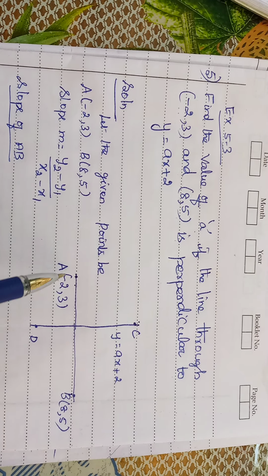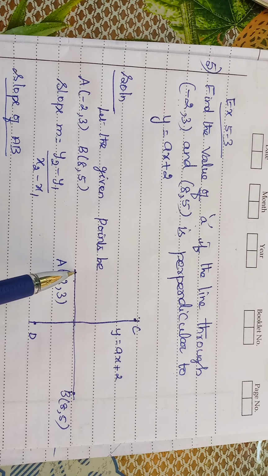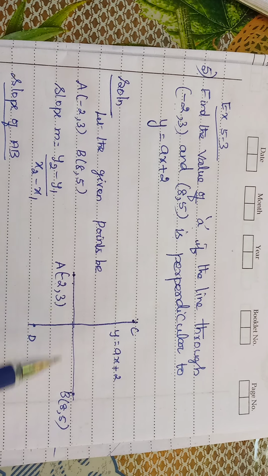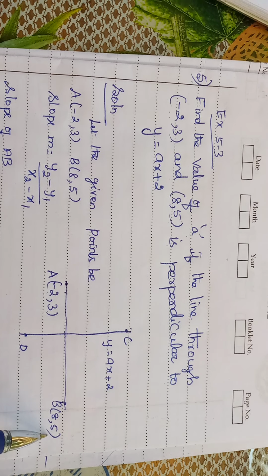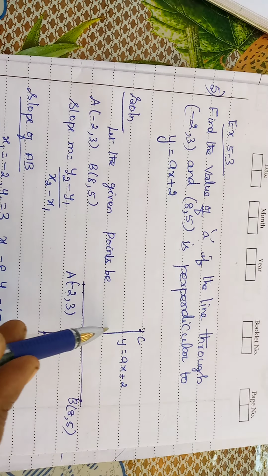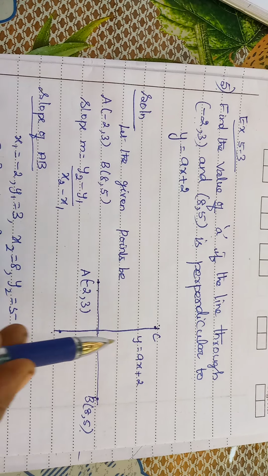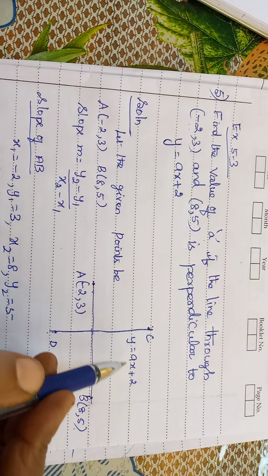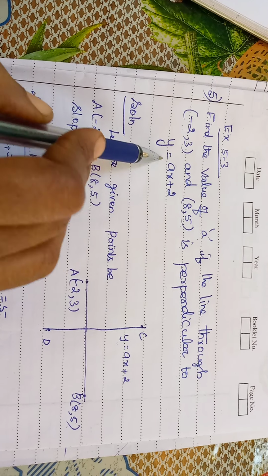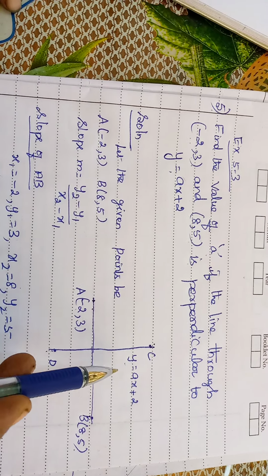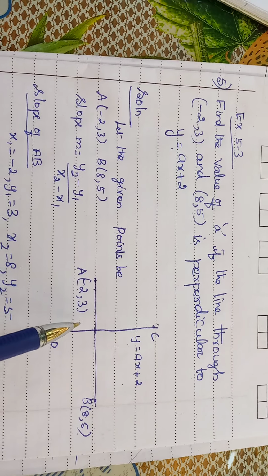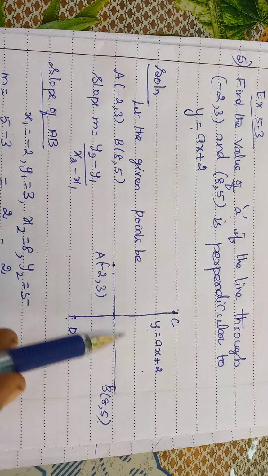Let us take A as minus 2 comma 3 and B as 8 comma 5. Draw the perpendicular line for AB, let us name it CD. The equation of the perpendicular line is given as y is equal to ax plus 2. First we are going to find the slope of AB.